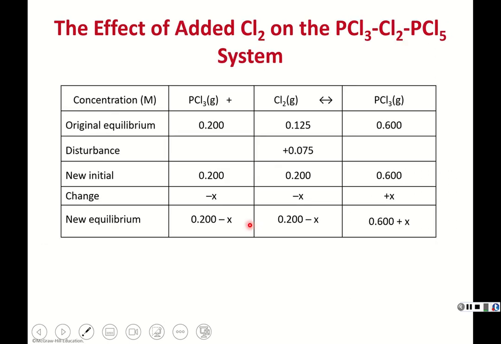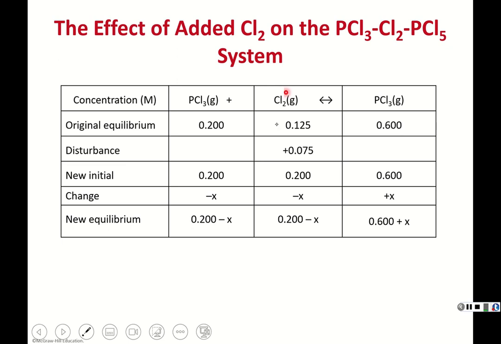How would we handle this in terms of a reaction table? So we can think about the last time we discussed reaction tables. Okay, what if we had these concentrations to start with in our chemical reaction, and these are the equilibrium conditions. Well, you could use those to calculate the equilibrium constant, right? And then our problem might say, okay, there was a disturbance.